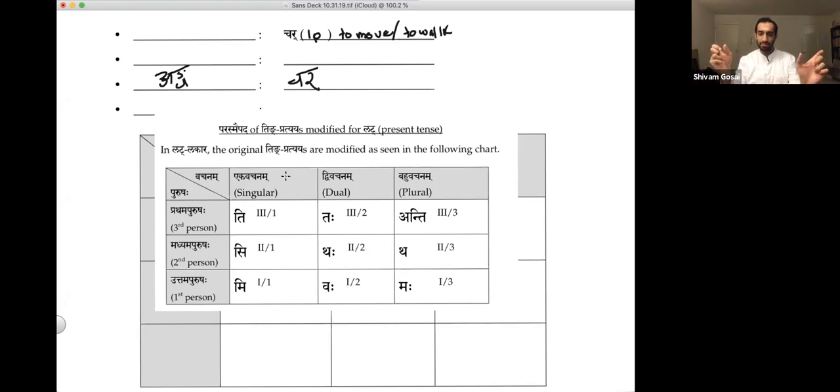Within tingantam, there's dhatuhu plus ting pratyaya. Okay, this should be able to come in your head. Now, there's subantam, noun, and under subantam, there's pratipadikam and sup pratyaya. Okay.